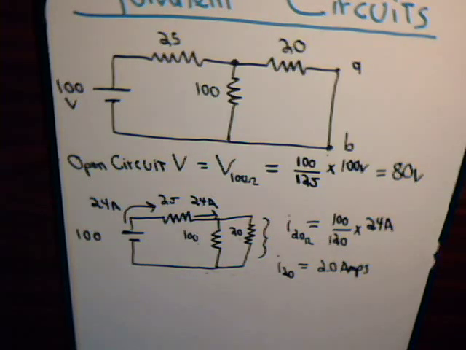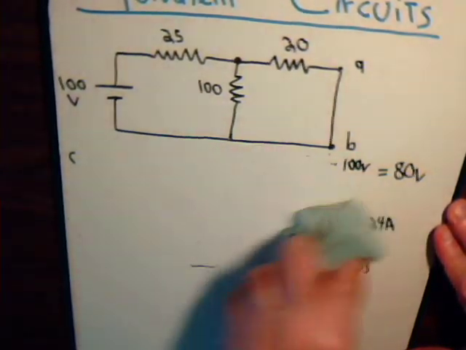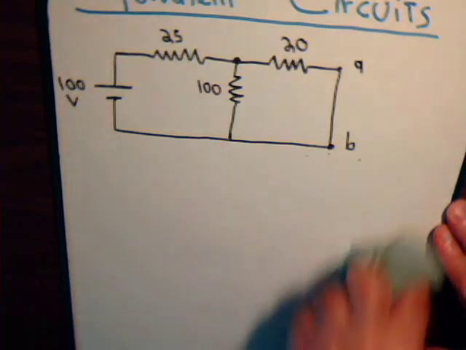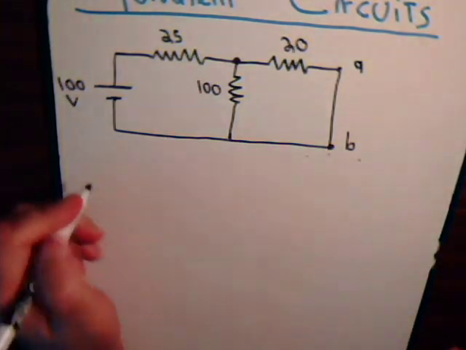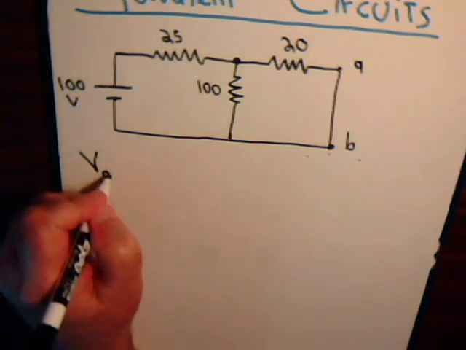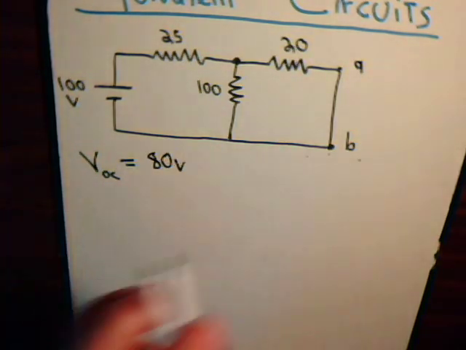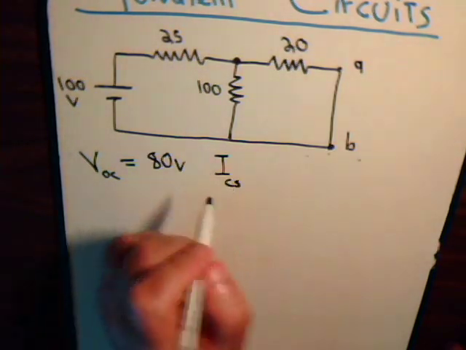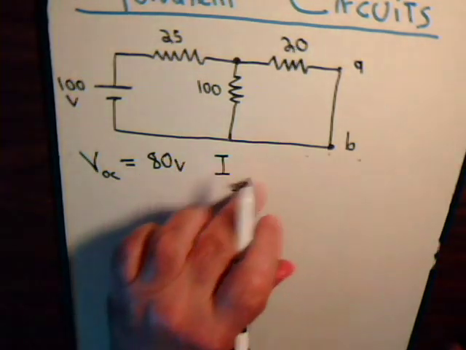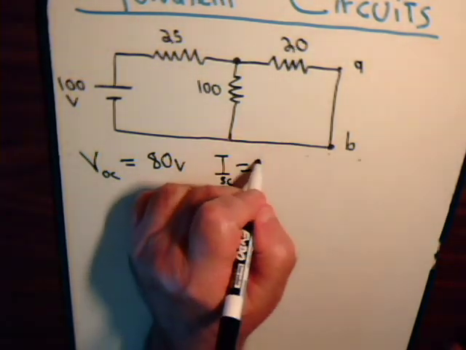Okay, now we said the open circuit voltage was 80 volts, and the closed circuit, or the short circuit current, is 2 amps.